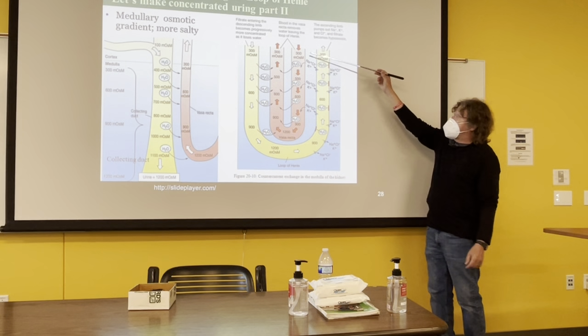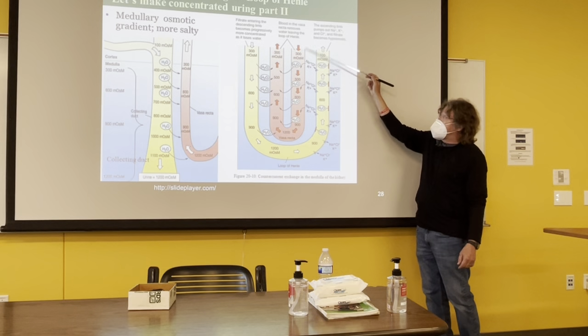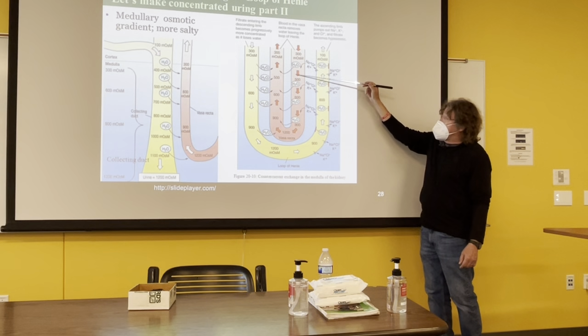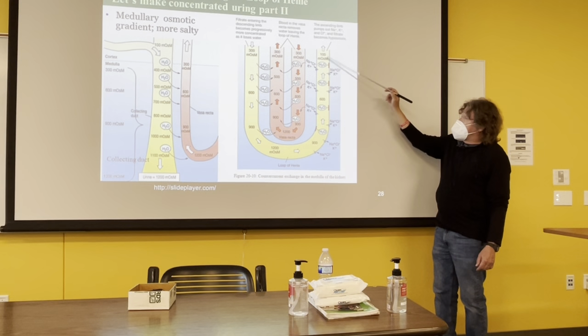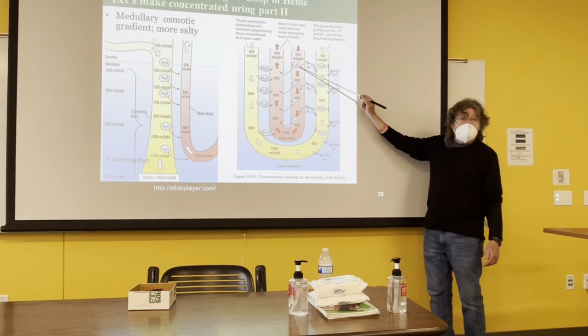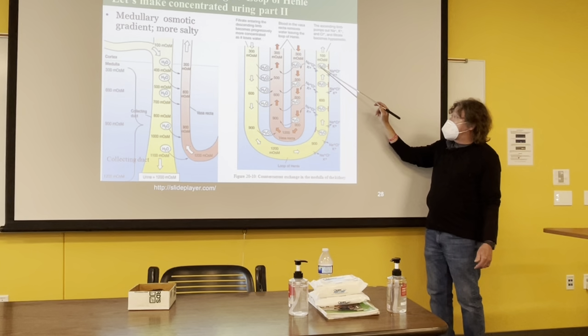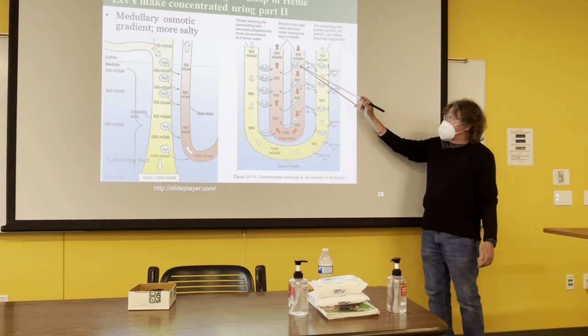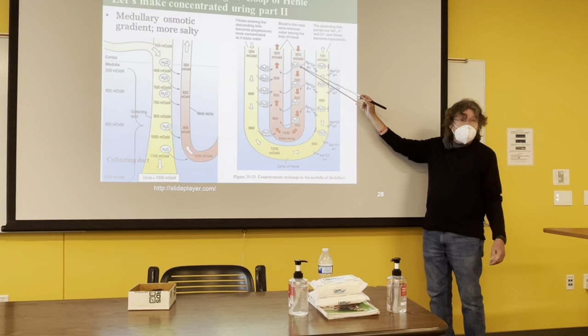So here, because we have blood that is 300 milliosmoles going in here, and we're pumping out sodium chloride here, which goes right into the ascending vasa recta, what's that going to do to the concentration of blood in the vasa recta? Sodium is being actively pumped out here, and it moves over into the bloodstream. What's that going to do to the concentration in the blood?